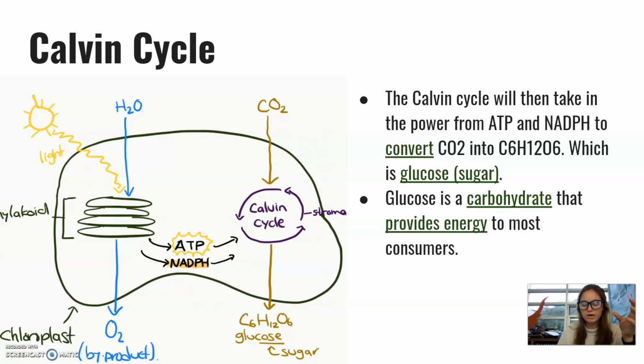That's one of our products, so that's why it's released. The hydrogen is that energy that's being moved into the Calvin cycle. So that is where those hydrogens go, because we have 12 as a part of glucose. Okay, so it gets combined with carbon dioxide to make the glucose sugar.